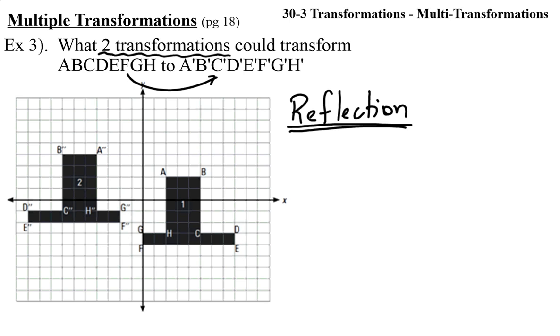Because if I take a look at what I started with, A, B, C, D, this top hat on the right, when it becomes the top hat on the left, what's important to understand is that the left side of the top hat, GF, becomes GF, which is the right side of the top hat.